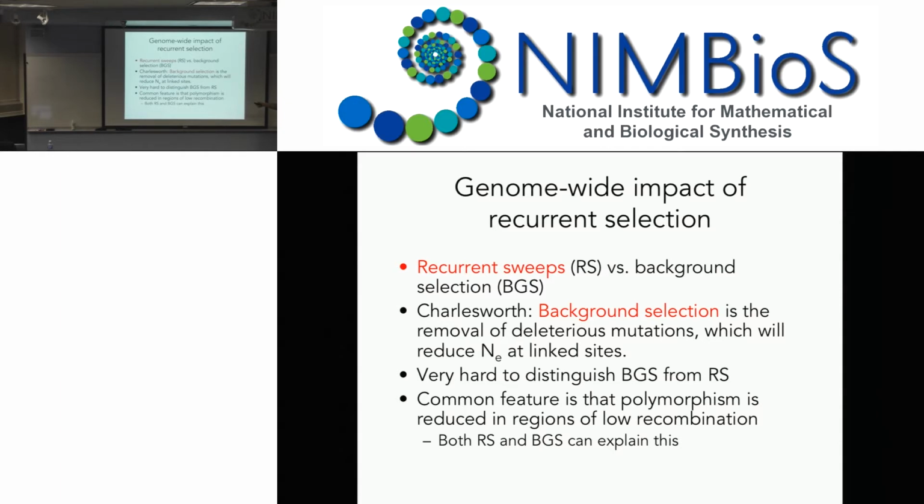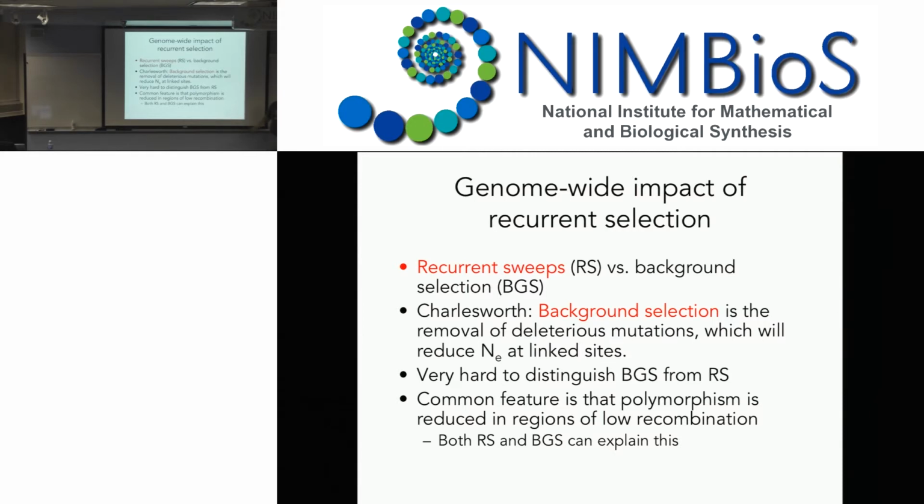In background selection, you have deleterious mutations arise which are removed, and both recurrent sweeps and deleterious mutations result in a reduction in the effective population size at linked sites. They basically make the coalescent trees shorter.